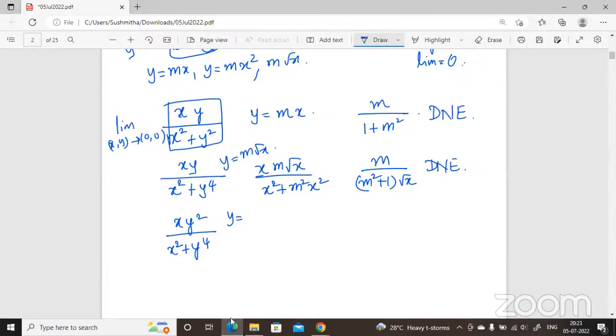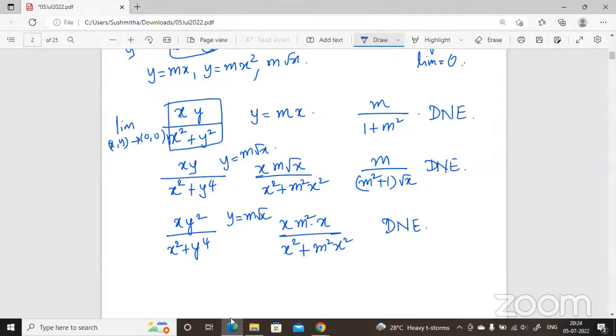Yes. Denominator is greater than. That's why it doesn't exist. Okay, m square root of x, then I'll get m squared x by x squared plus m squared x. Fine. So again, it does not exist.